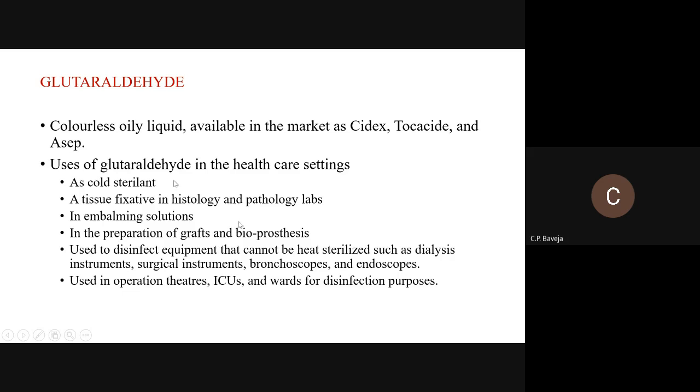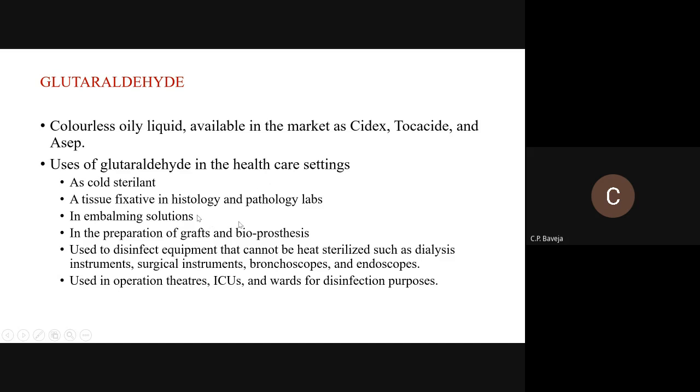Sterilant is something which can kill all bacteria, viruses, fungi, including spores. And cold because there is no temperature raising, temperature is not increased, so it's a cold sterilization process. It can also be used as a tissue fixative in histology and pathology labs.